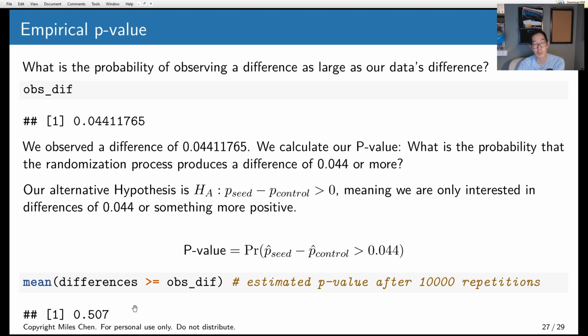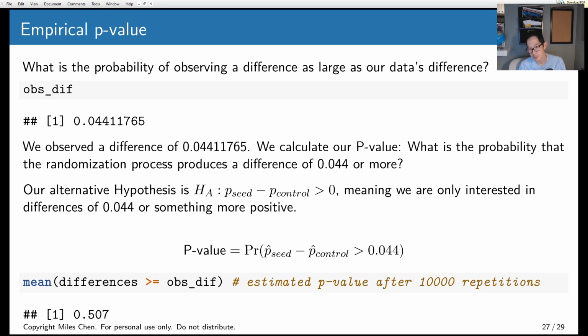And it says over 50%, okay. Over half of the 10,000, when I randomize this 10,000 times, we got a difference of 0.044 or something greater than that over 50% of the time. So this is not an unusual outcome by any means, okay?